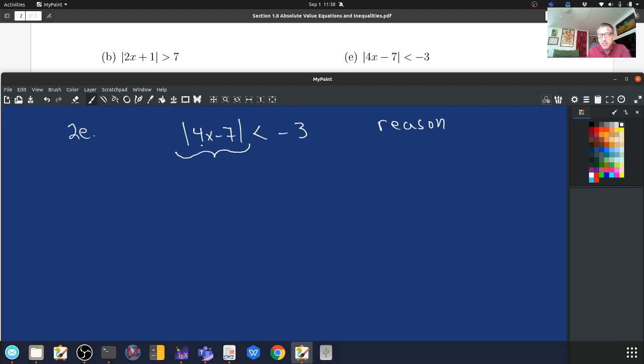That's the last operation. And the absolute value of any number is greater than or equal to 0. So what I know is the absolute value of any number, by its very definition, is greater than or equal to 0.